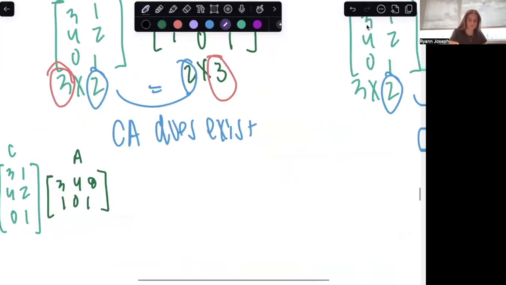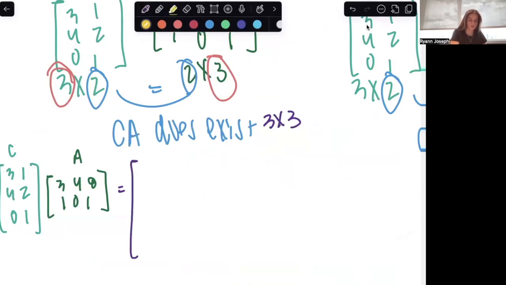All right. So CA is a 3 by 3. Again, first row, first column. So now we only are doing 2 additions. So 3 times 3 plus 1 times 1. That's my first entry.